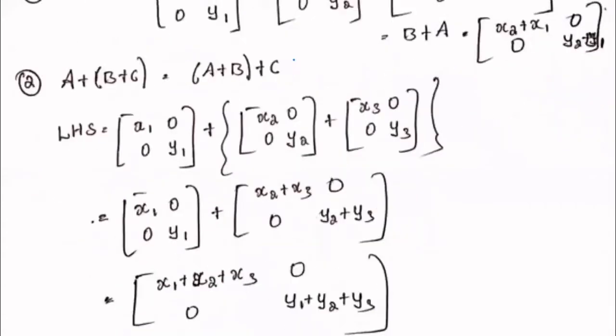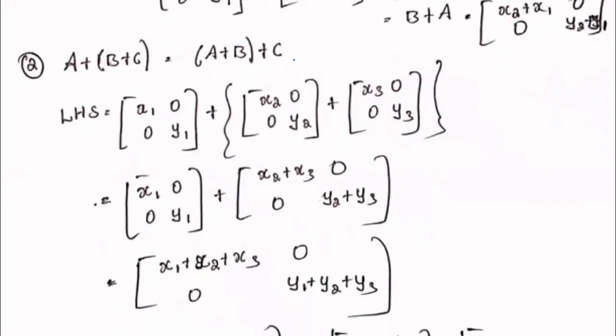Next, we are calculating the associative law: A plus (B plus C) is equal to (A plus B) plus C. First I'm considering the LHS, which is A plus (B plus C). I have written B plus C within the bracket.